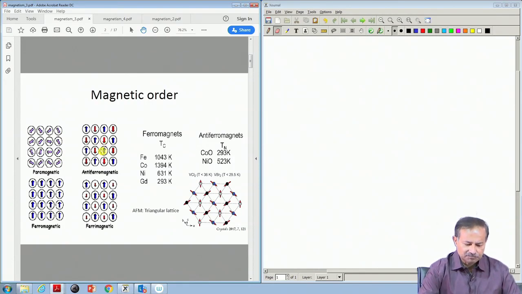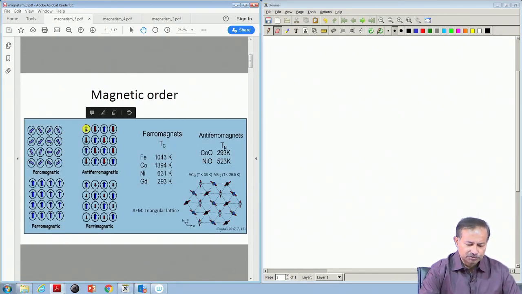So, supposing I know this blue spin is up, then I can find out the direction of any other moment anywhere in the lattice, and this is a macroscopic size, and we are talking about an order which is far longer in length scale than the size of atoms.